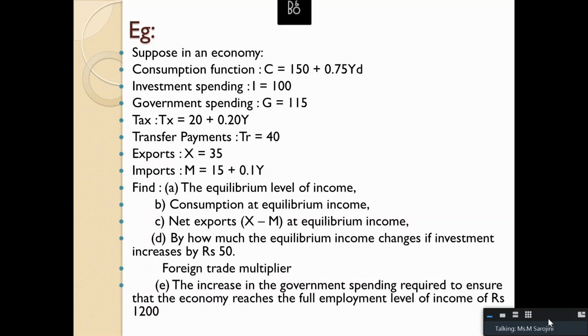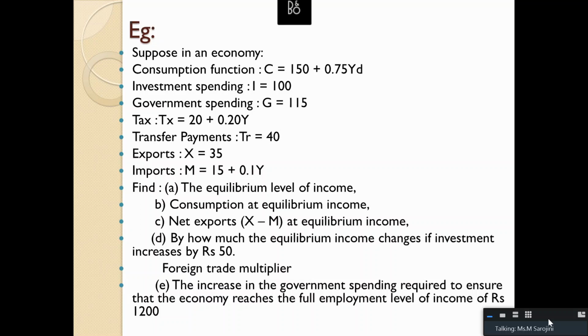In each model, we can derive the national income using the aggregate demand and aggregate supply approach, as well as the saving and investment approach. You have to practice. Initial ideas are given to you.